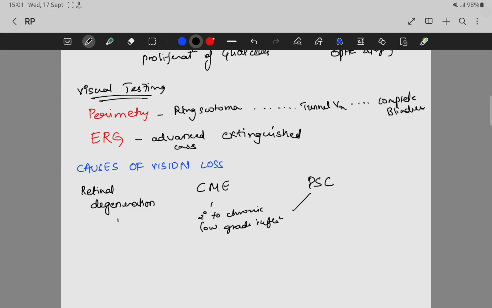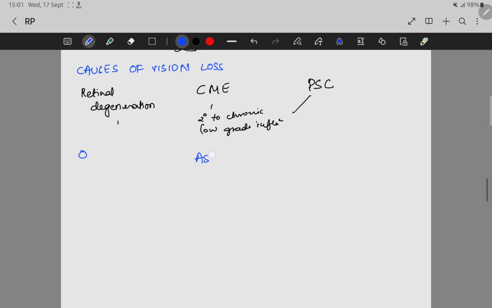Now coming to the associations. It is ocular and systemic.